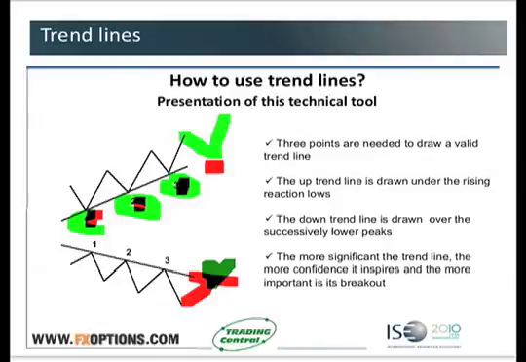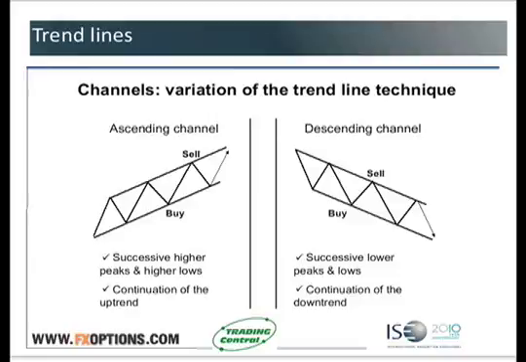For the next one, I wanted to see with you very quickly the channel pattern, as a channel is a variation of the trend line technique. So it's the same as the last slide.